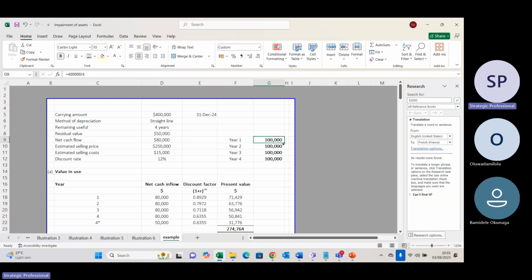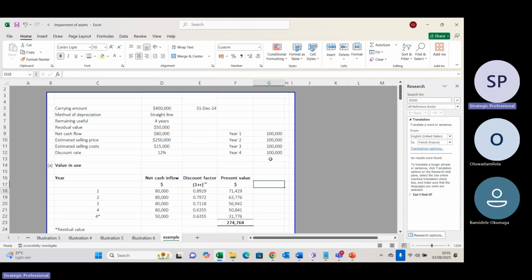Now, what will then happen is that the company has straight line method depreciation 100, 100, 100. But do you think this amount will still be 100,000? No, sorry, this is not going to be 100 because we have scrap value. I'm only subtracting scrap value, 50,000.